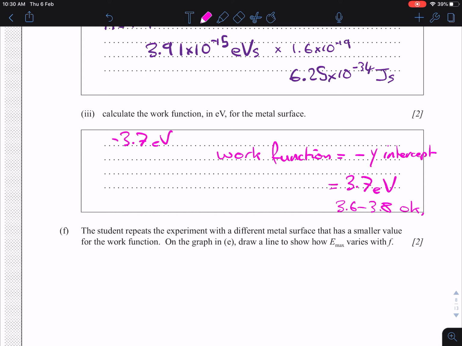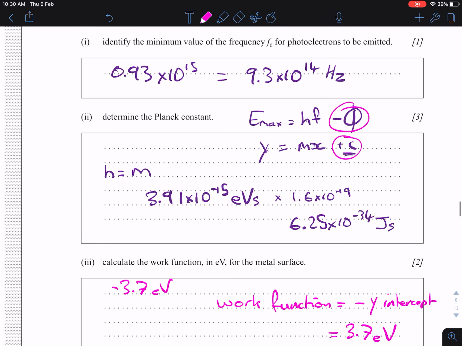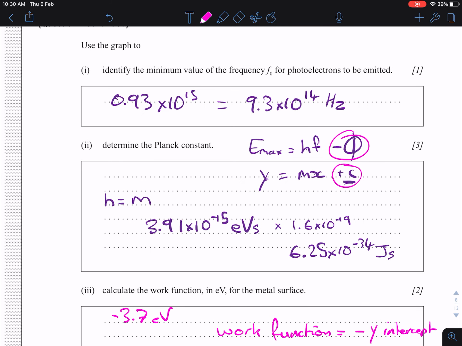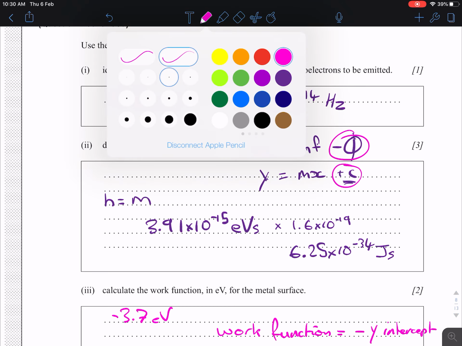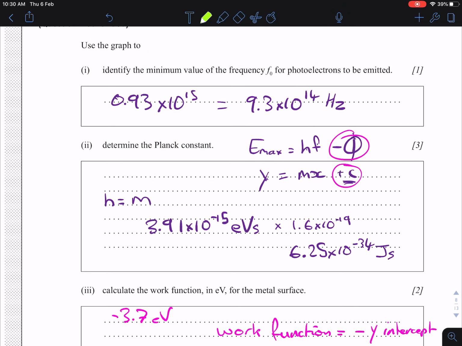Okay, finally, the student repeats the experiment with a different metal surface that has a smaller value for the work function. Draw a line to show what the line would be. So I'll use another different color, let's say green. If we go back to our equation, this time we've got a smaller value for the work function. The gradient is going to be the same because the gradient is still Planck's constant.